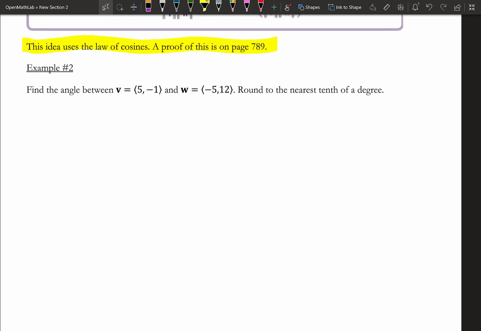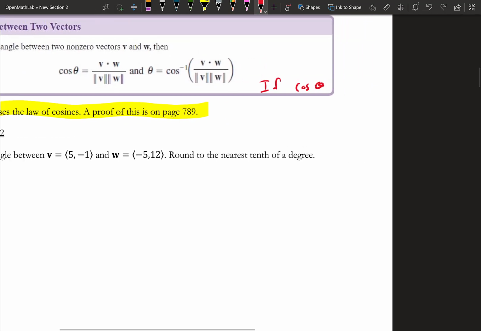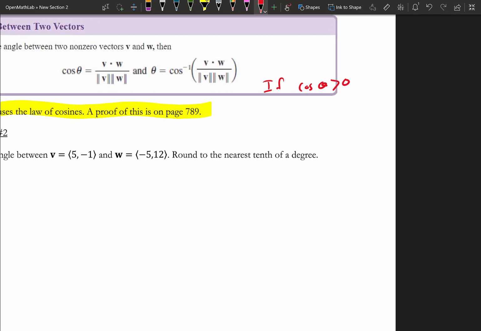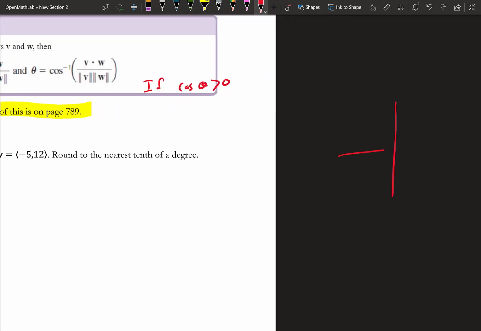So something to keep in mind with this is if cosine of theta is positive, right? What that's going to tell me, if we're thinking about All Students Take Calculus, is that theta is going to be in between 0 degrees and 90 degrees.